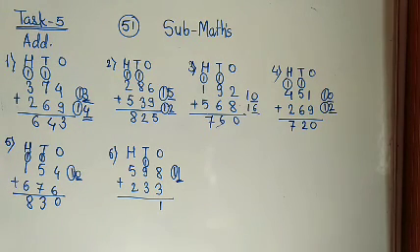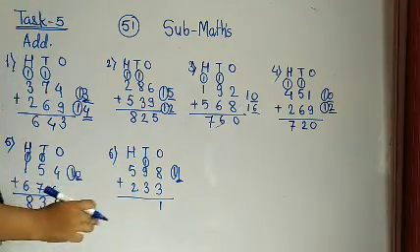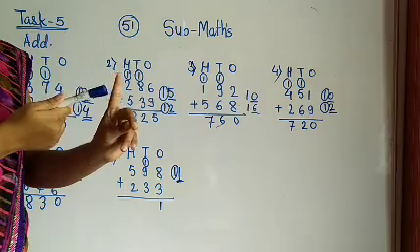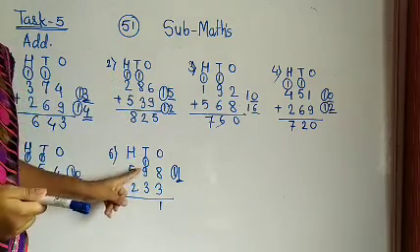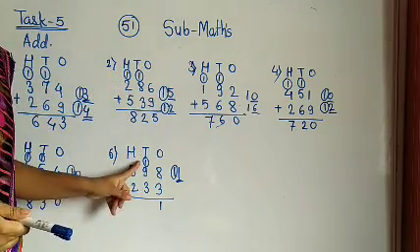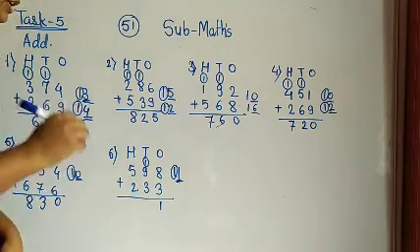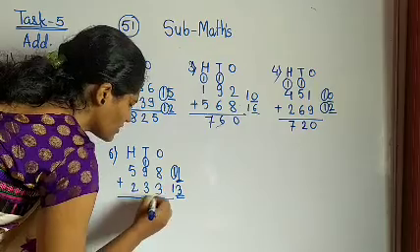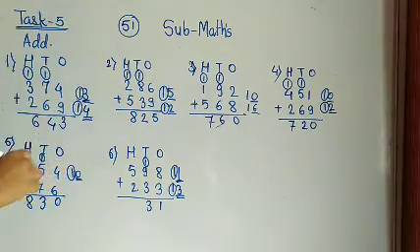Now next one, 9 plus 3. So in 9 add 3. After 9 count 3: 9, 10, 11, 12. So 9 plus 3 is 12 and 12 plus 1 is 13. See, in 13, 3 is downside and 1 will be carry forward.